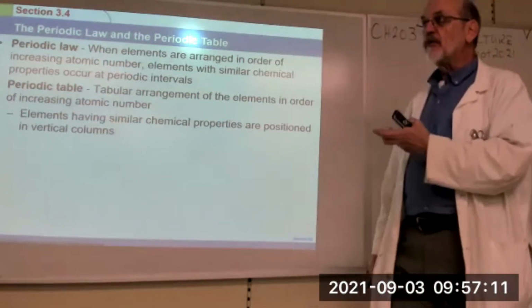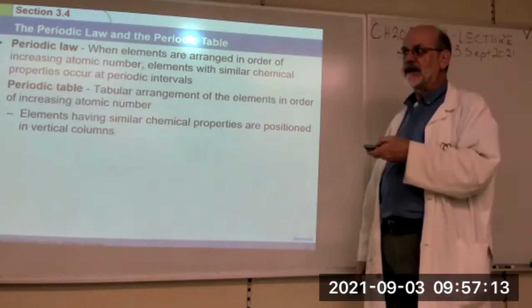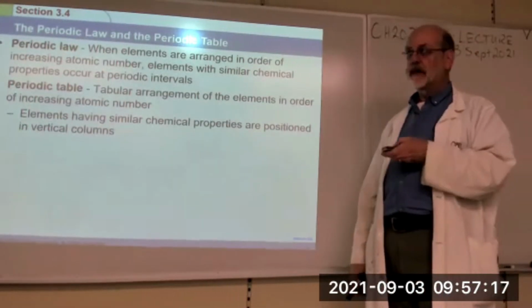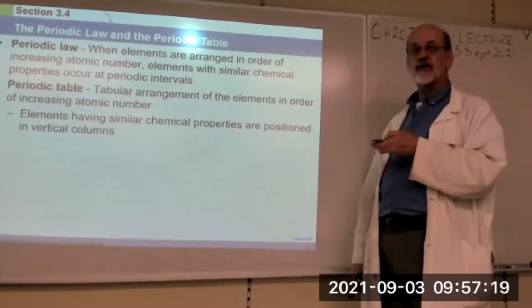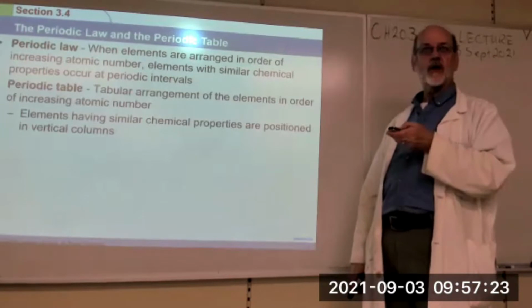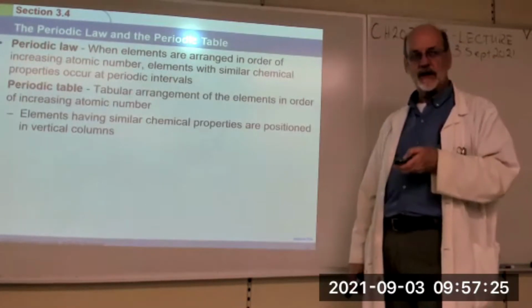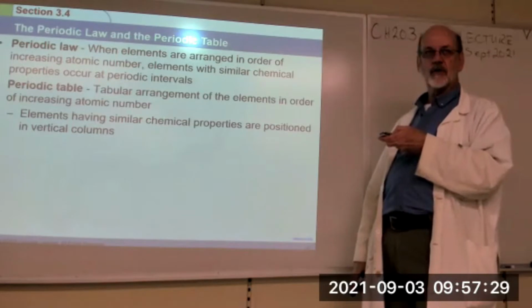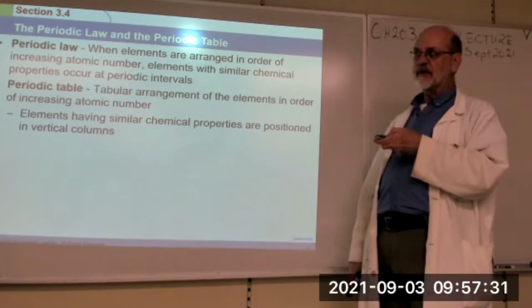And the groupings, the families, tend to be well behaved. In other words, all the halogens behave a certain way, and all the alkali metals behave a certain way, and all the alkaline earths behave a certain way. The chalcogens behave a certain way, the oxygen group. The pnictogens behave a certain way.